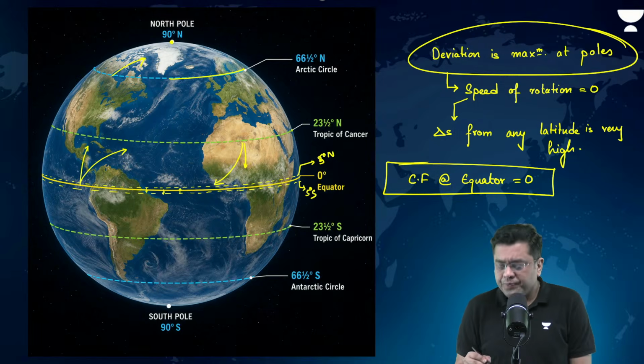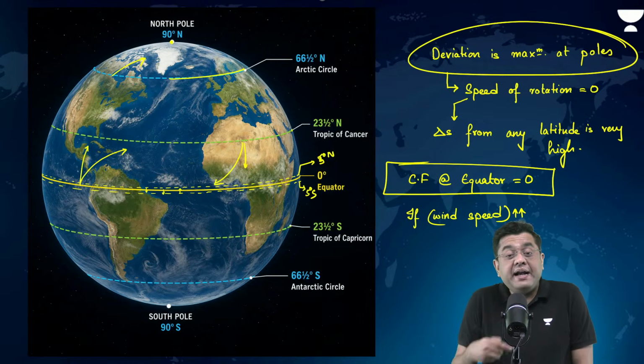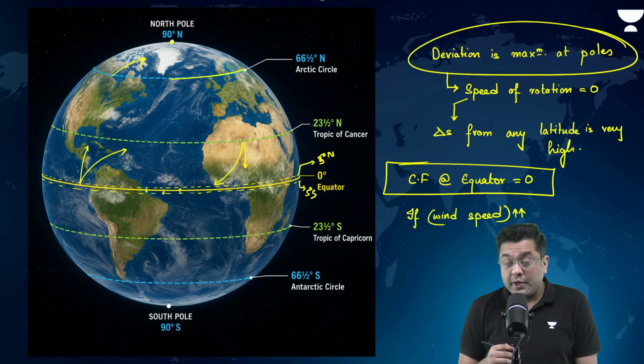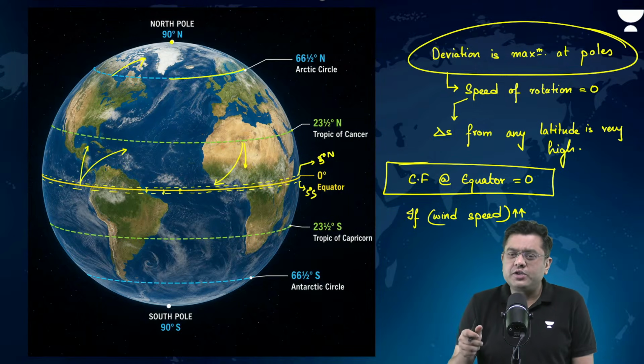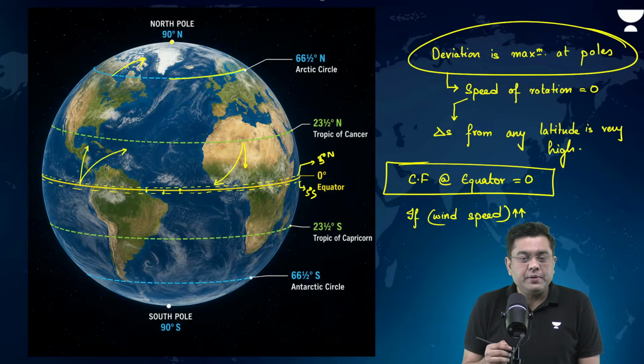Now, also, if wind speed is very high, bending will also be more because it will cover greater distance in the shortest possible time. So it will indicate a greater deviation.